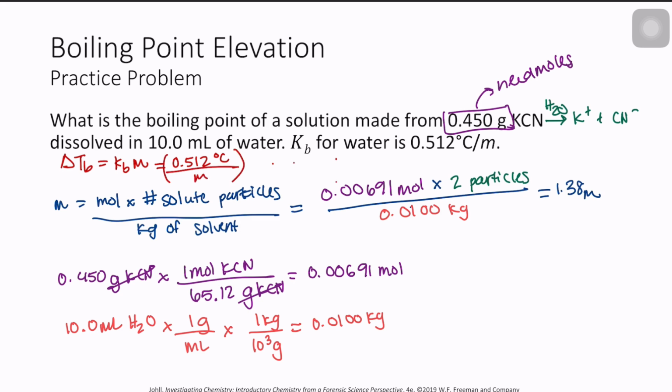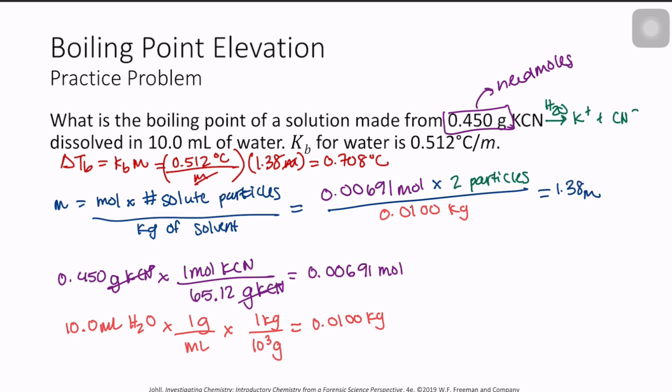And I can multiply that by the molality that I just calculated, which is 1.38. Notice my units of molality cancel out, and I'm left with units of degrees Celsius. When I calculate this out, I get 0.708 degrees Celsius.